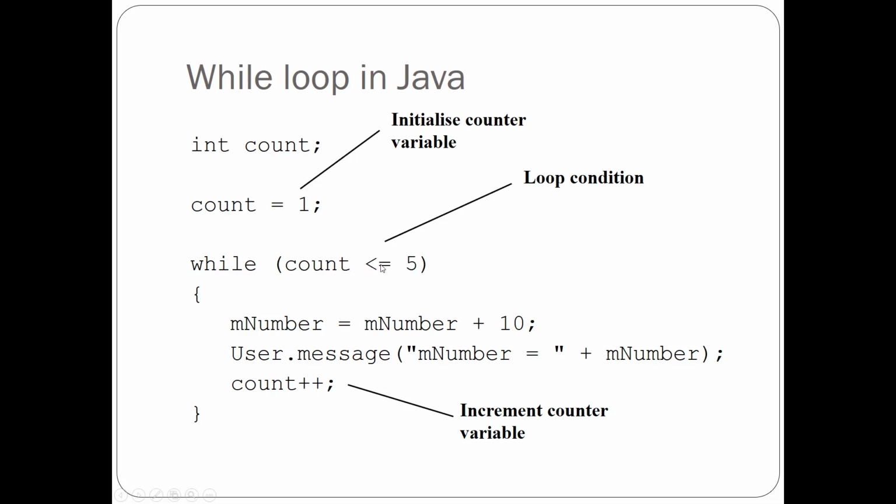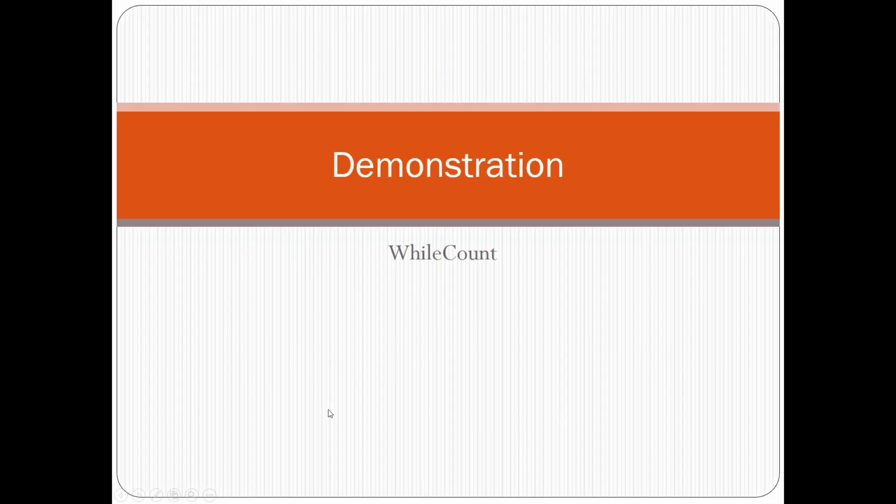Count is equal to 5, so we add another 10, display it, count has a value of 6. 6 is certainly not less than or equal to 5, in which case at that point we skip out and we carry on outside of that loop.